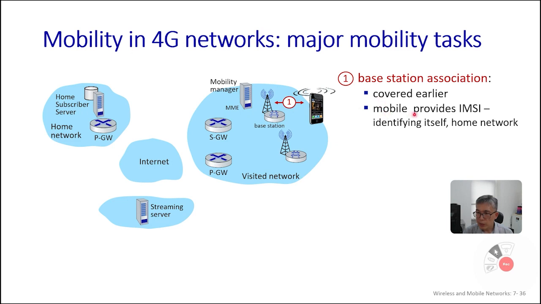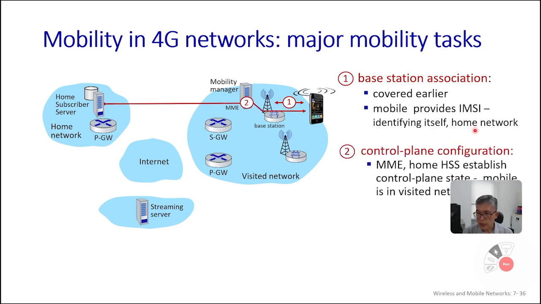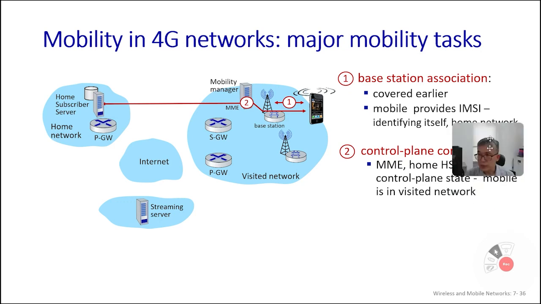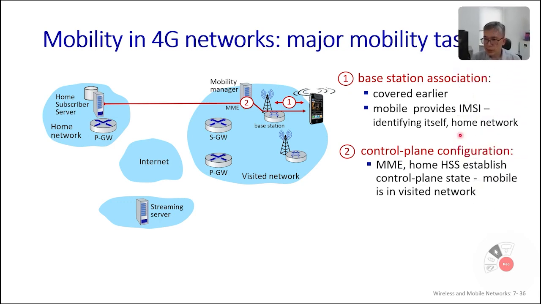The mobile device provides its International Mobile Subscriber Identification ID, identifying itself to the home network. The second is control plane configuration. The mobility management entity, MME, and the home HSS establish control plane state for the mobile node.